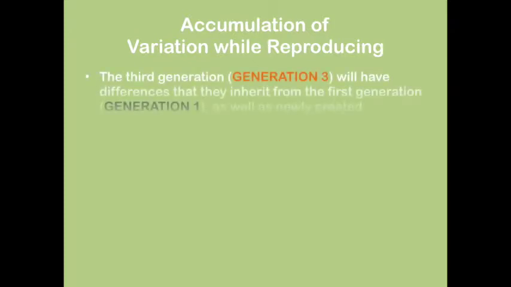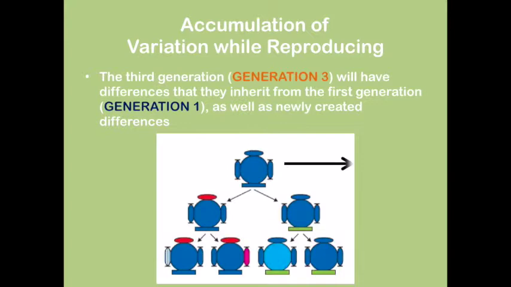So it was actually found out that the third generation will have differences that they inherit from the first generation, generation number 1, as well as newly created differences. So these are the 3 generations, and shown below are the differences in colors.